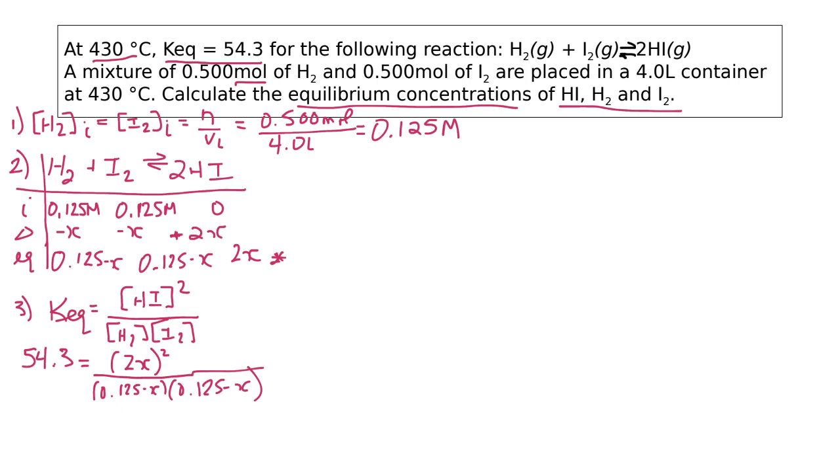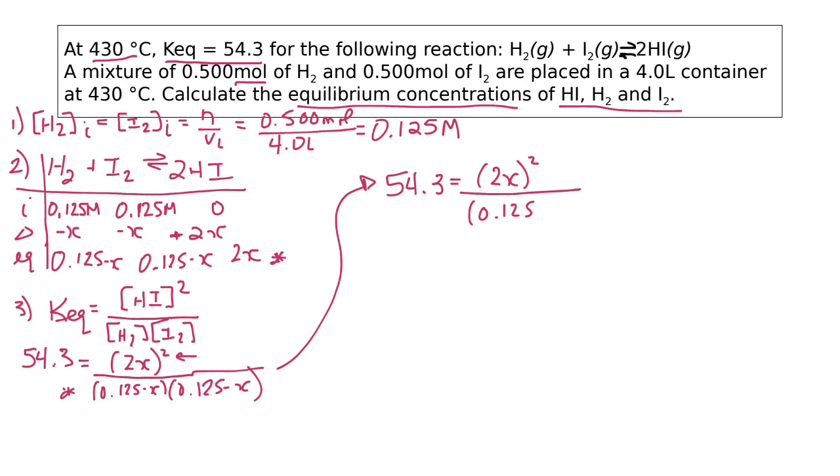Now, I notice that I have two terms in the denominator that are exactly the same, and I notice that I have a squared term right there, so I'm going to do everything I can to make my life a little bit easier. Just follow with me over here. We're going to take that 54.3 value and equate that to 2x squared, and then I'm going to group the denominator for 0.125 minus x and square that term.